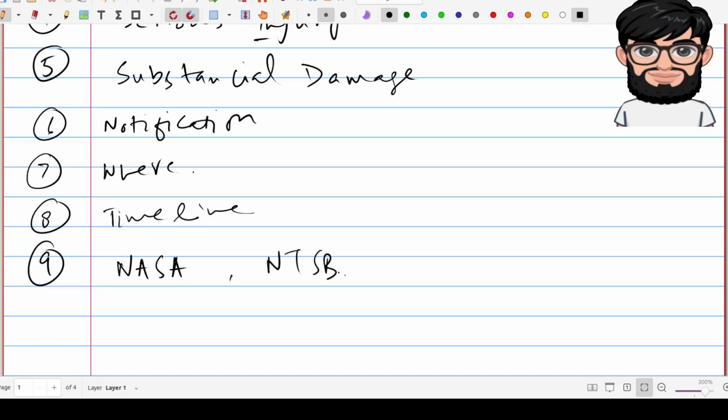So anything filed to the NASA, also known as the NTSB, will the FAA enforce anything depending on that report? It will not use the report submitted to NTSB or NASA in any enforcement action except information concerning accidents or criminal offenses, right? But it would not enforce anything.